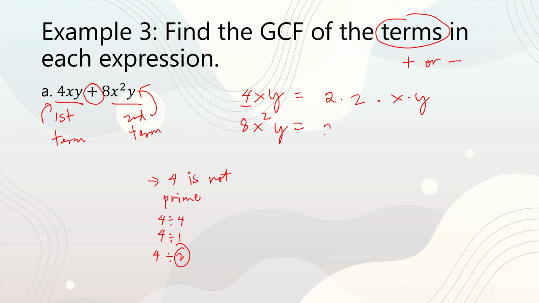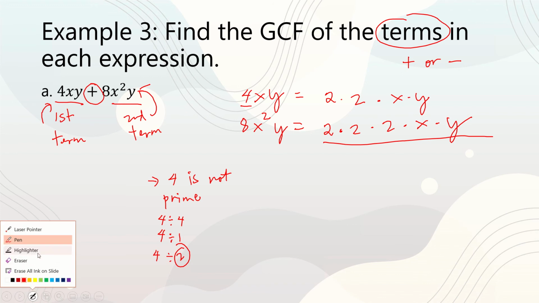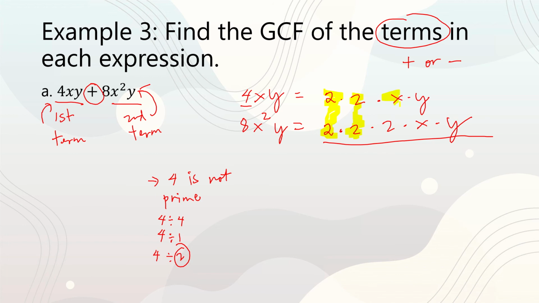So you have to break it down, so that will be 2 times 2 times 2 times x times y. Okay? And then afterwards, you find the common factors. Our common factors here are what? 2, another 2, then one pair of x, then one pair of y.